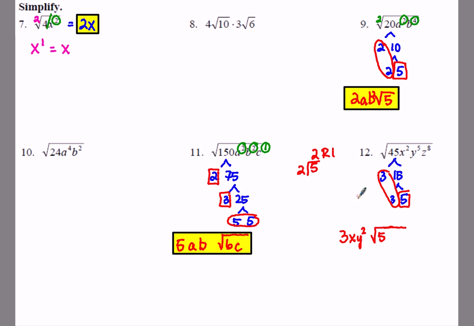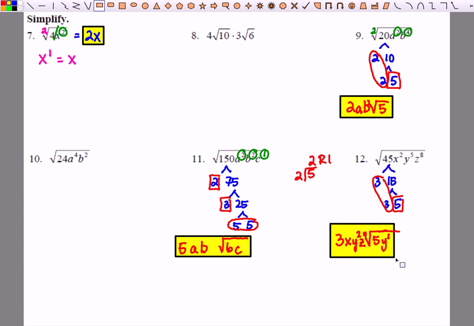That's this 2. Your remainder of 1 means you're going to have a y to the first underneath. And then your z to the 8th, 8 divided by 2 is just z to the 4th. So that is how you're going to simplify something. Anytime you have an odd exponent, your odd exponent is going to leave you with a remainder underneath. If they're even, then they should just divide out nice and pretty.